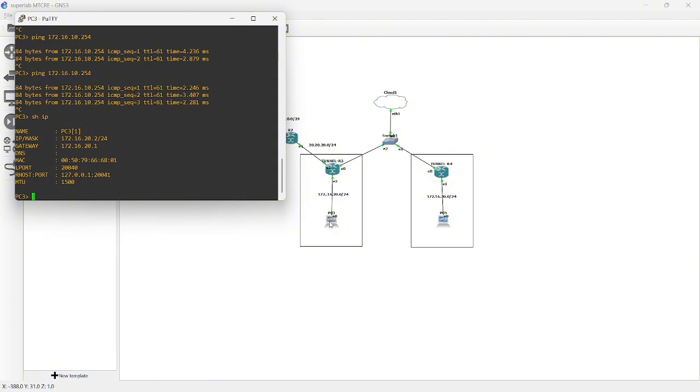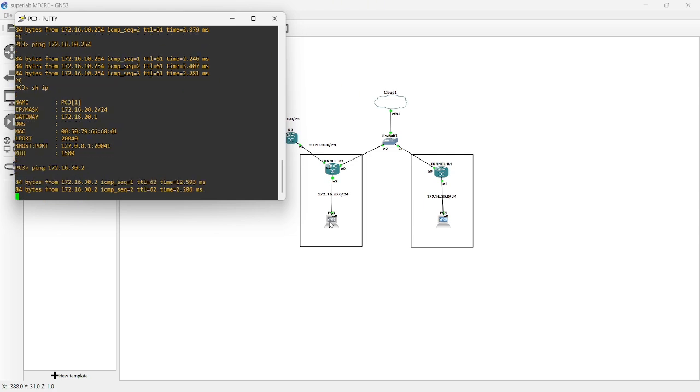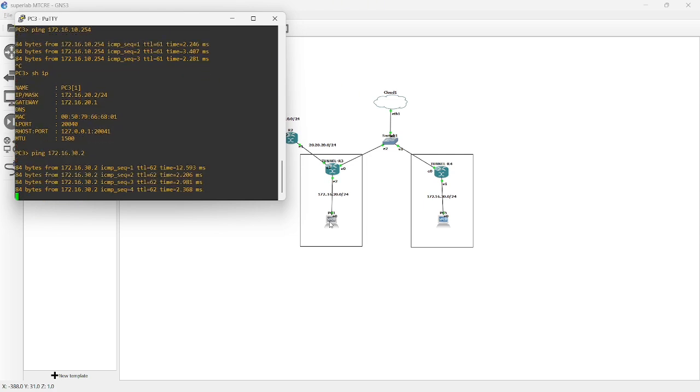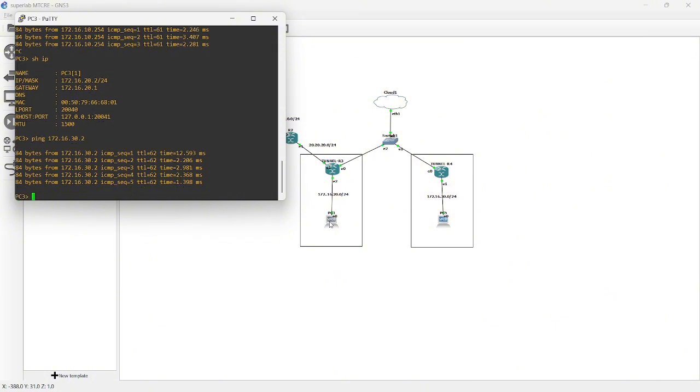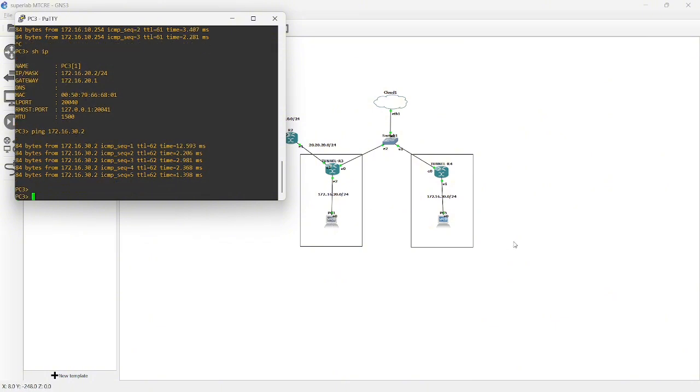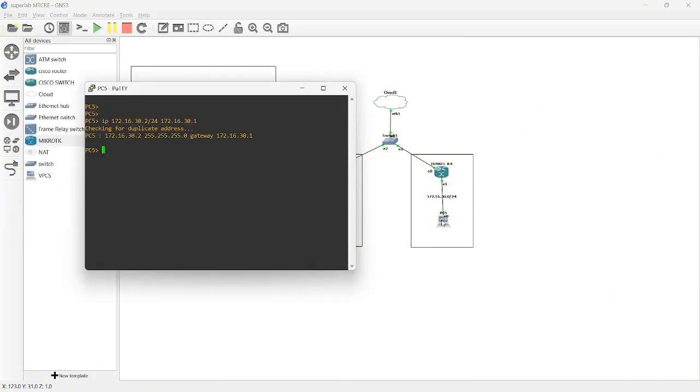Okay, we show IP to check it and I ping to the PC tunnel in the R4 in the right PC and I want to trace it in the last.